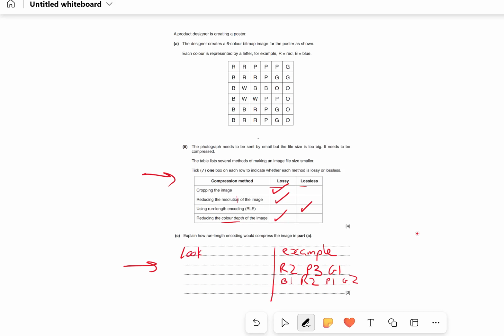It looks for consecutive. So remember that word from the last question. Consecutive pixels, this time instead of letters, instead of characters, pixels of same color, spelt with a U because you're not American. Stores color and number of times.